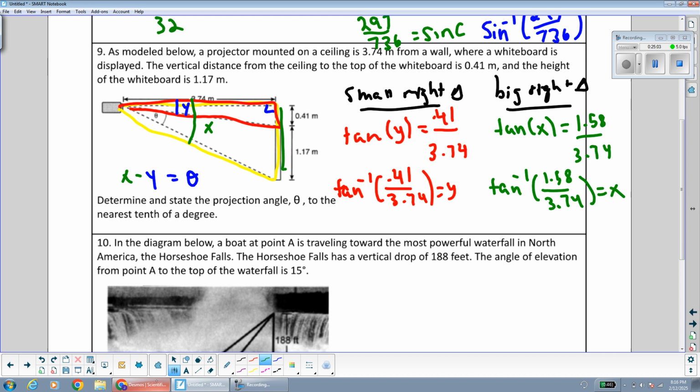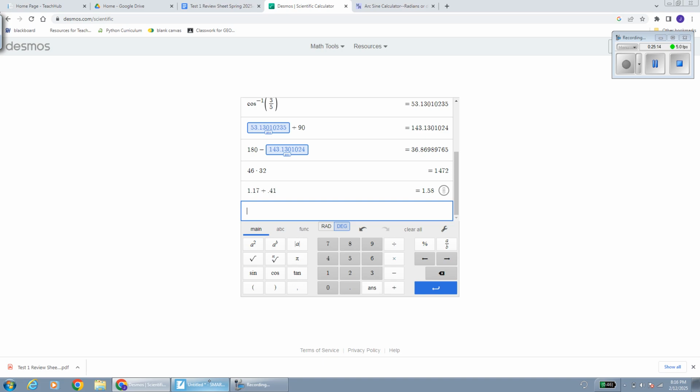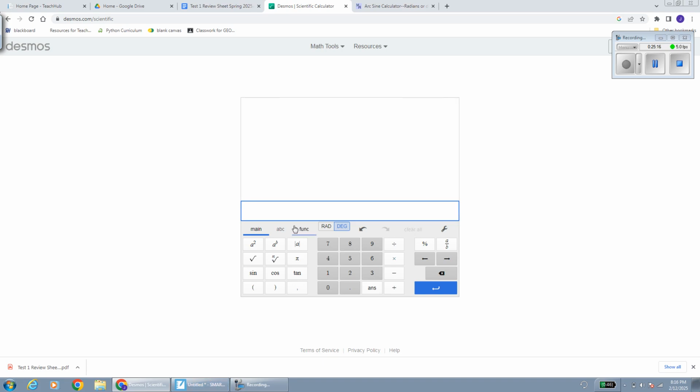Let me type this in, and I'm going to make sure of the order. I'm going to do x minus y, and then after I type it in, we'll round to the nearest tenth of a degree. So I'm going to keep flipping back and forth so I can see it because I'm going to forget.